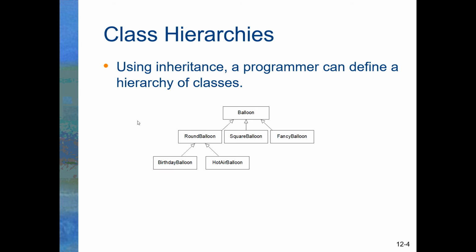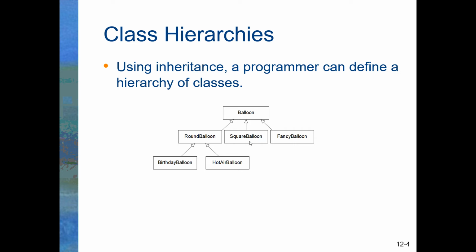All right, so we talk about class hierarchy then. Using inheritance, a programmer can define a hierarchy of classes. We really didn't get into this this year. I've done it in the past, early on in the book. We had an object called a balloon, and then underneath the balloon, we created something called a round balloon, which extended the balloon. The round balloon inherited the properties of a balloon.